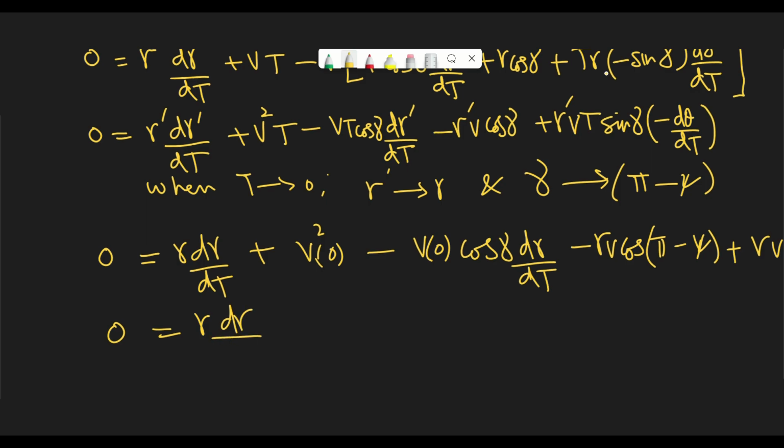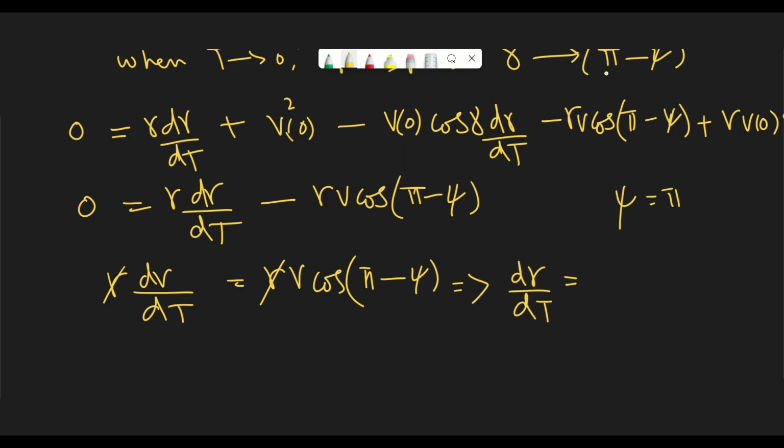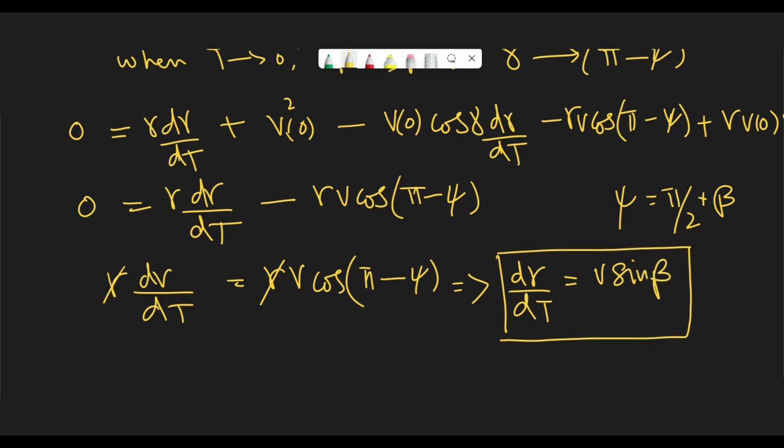0 is equal to dR over dt minus R V cos pi minus phi. dR over dt is equal to R V cos, okay, so dR over dt is equal to V sin beta.